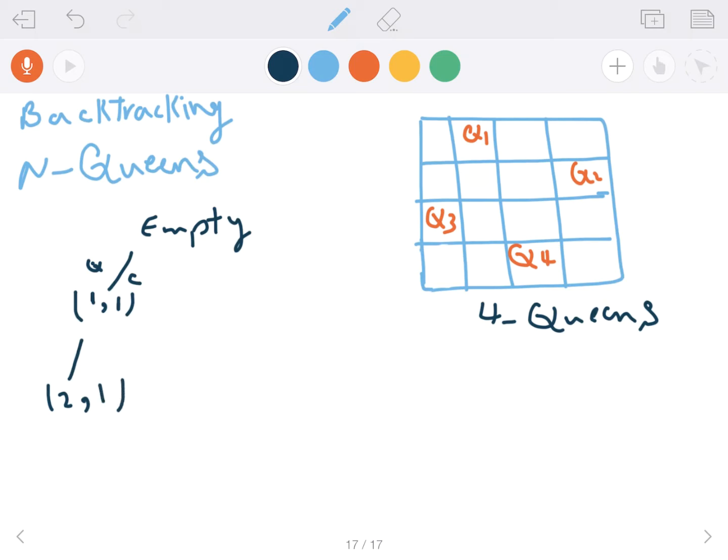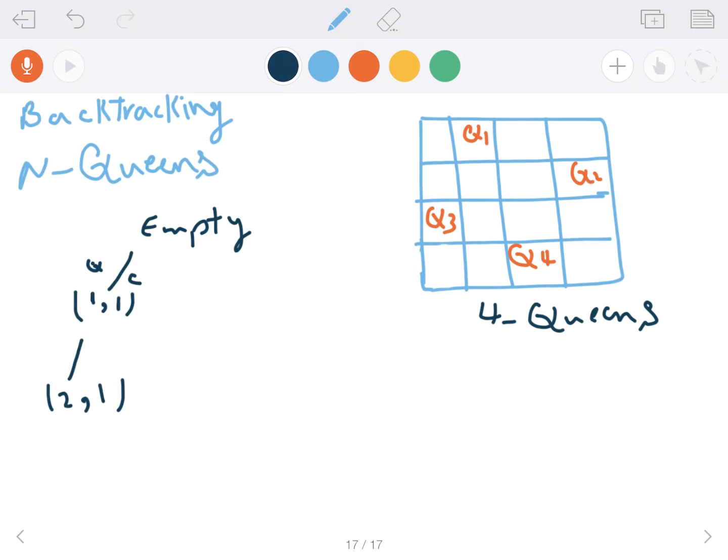But queen one was already on column one, so this is an attack, and that's not going to end in a solution. But we're going to see how it goes.